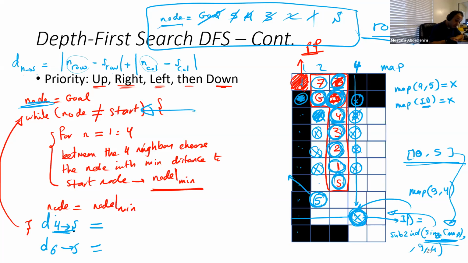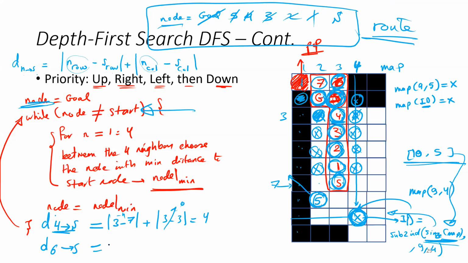For node 4, its row is 3 and the row of S is 7, so 3 minus 7, plus the column of 4 is 3 and the column of S is also 3. We end up with 0 and minus 4, so absolute, it will be 4.